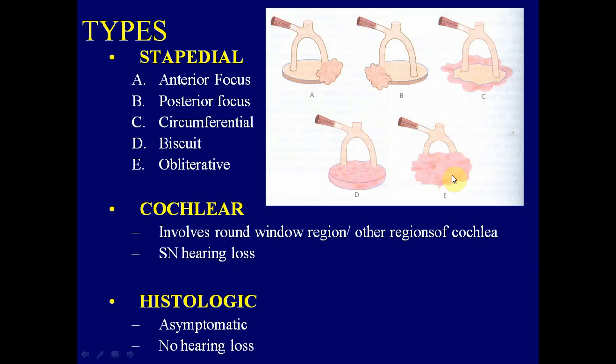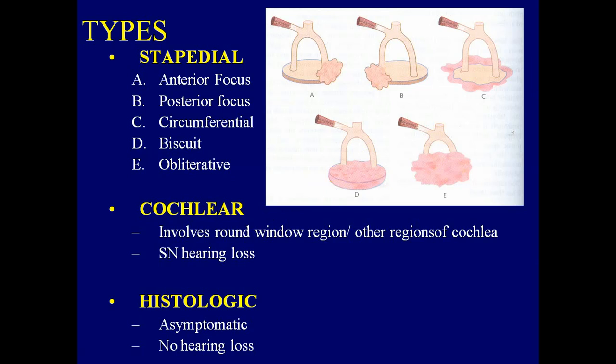along with extension into the rest of the otic capsule beyond the oval window, is called obliterative otosclerosis. Sometimes the otosclerotic focus can also extend to the cochlea, when it is called cochlear otosclerosis, but in this condition the patient will develop a sensorineural hearing loss.